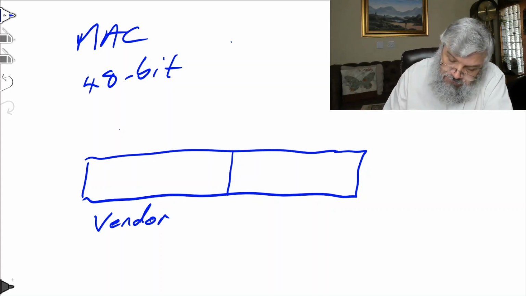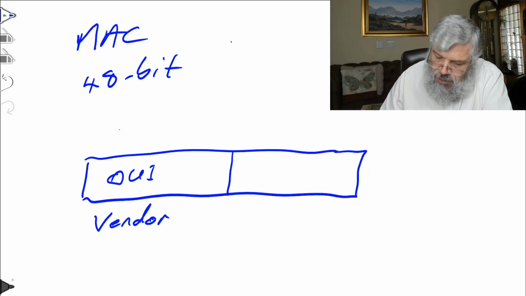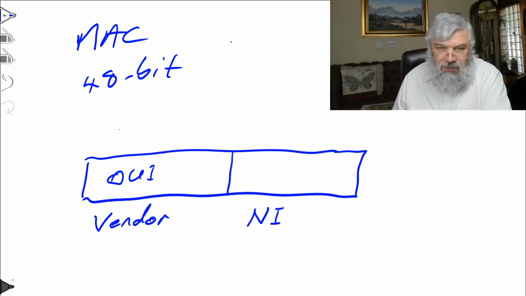Sometimes, I think in the official documentation, it talks about an organizational unique identifier. I've not seen that used in common language or in common use. The vendor code is much more commonly used. The lower half is used to indicate the network interface. Just now, we'll change that abbreviation a little bit.